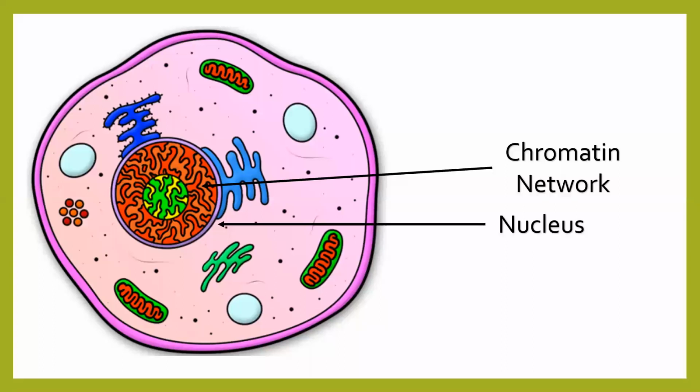I just want you to draw this image which you are able to see on the screen. You can exclude drawing the rest of the cell organelles, but please draw the cell, nucleus, and chromatin network and label them properly.